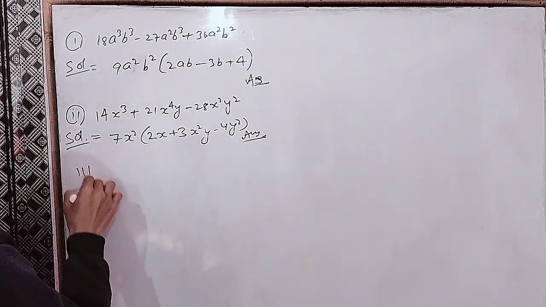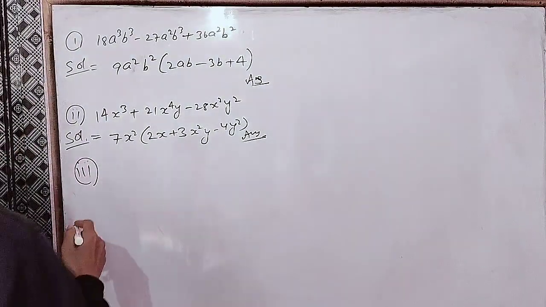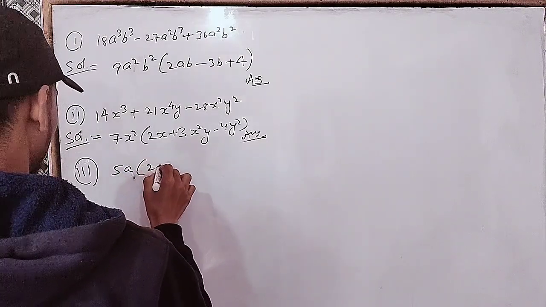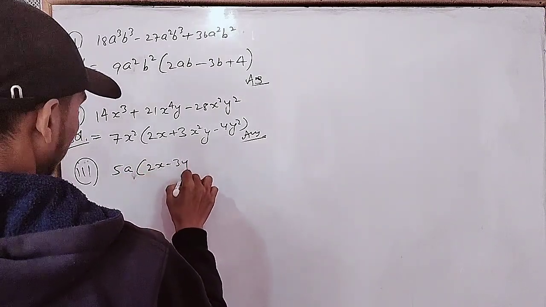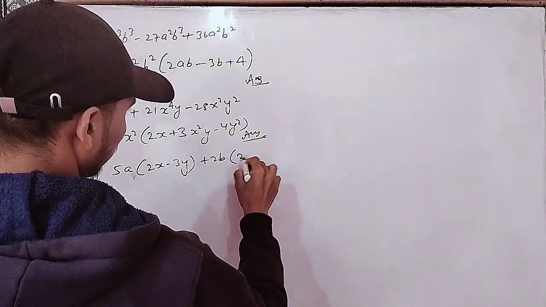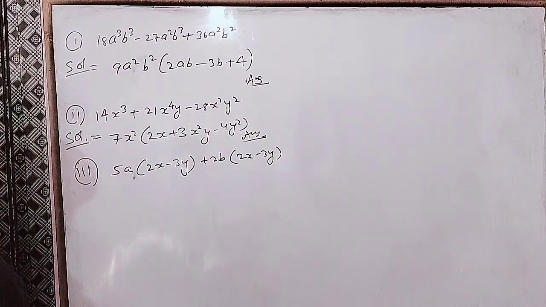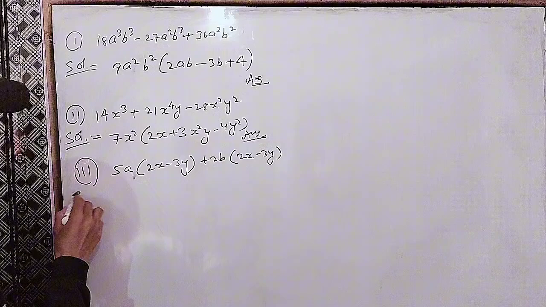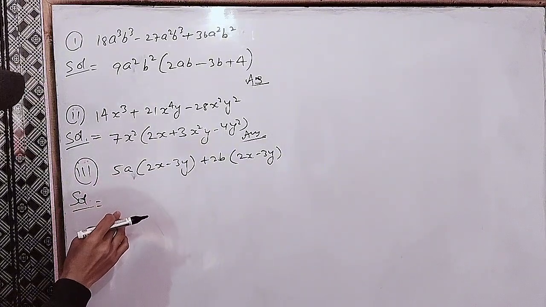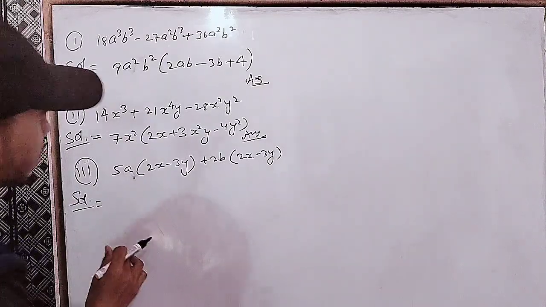The next similar question says that by using the common method we have to solve it. And what is that question? 5a(2x − 3y) + 2b(2x − 3y). Clear? So let's solve it. So here, by using the common method.